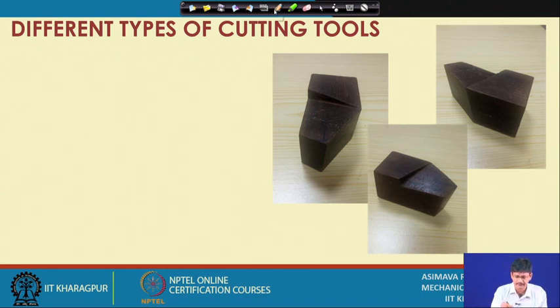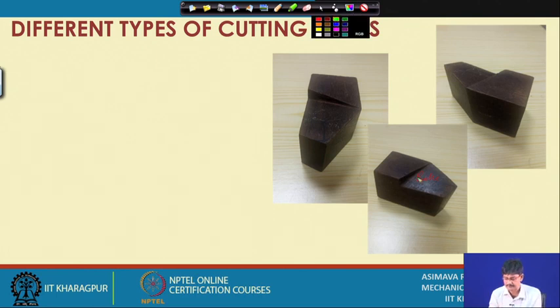For example, suppose someone asks me, by giving this particular tool to me, what are the different angles and edges and planes, etc. So, here first of all, this surface is the rake surface. So, let me see whether I can choose some different colors.